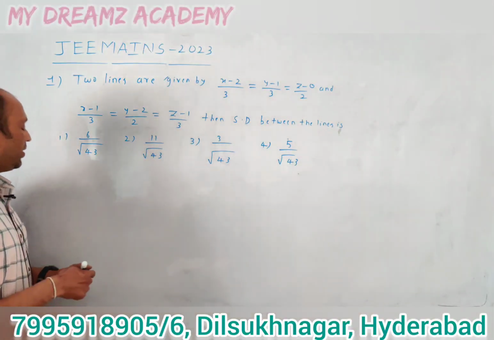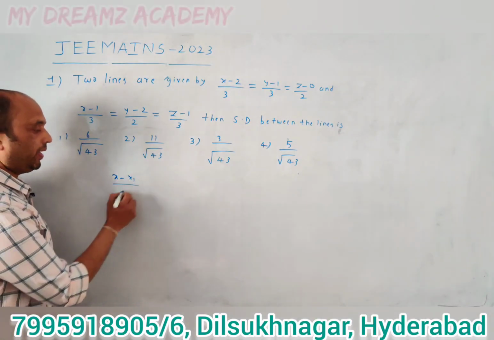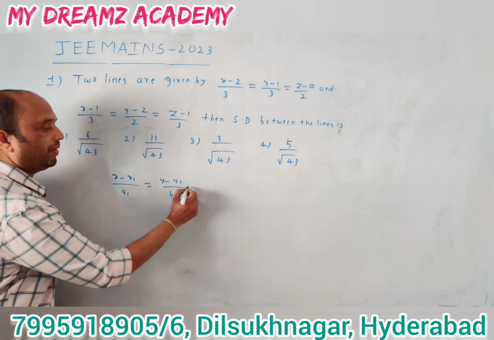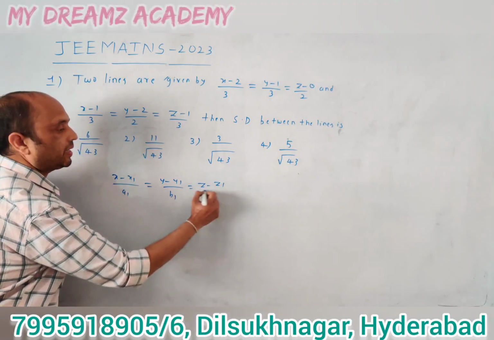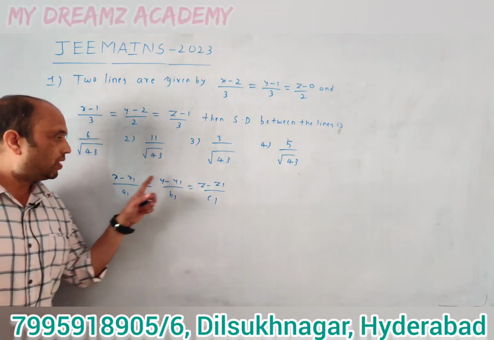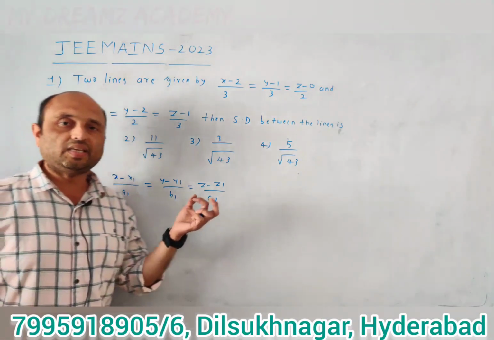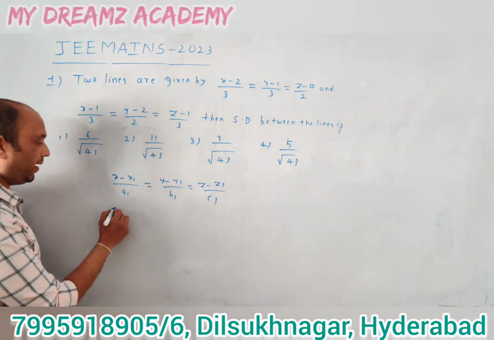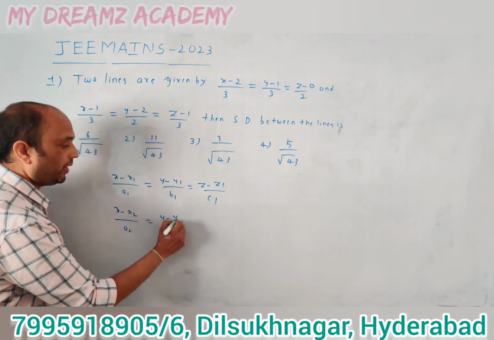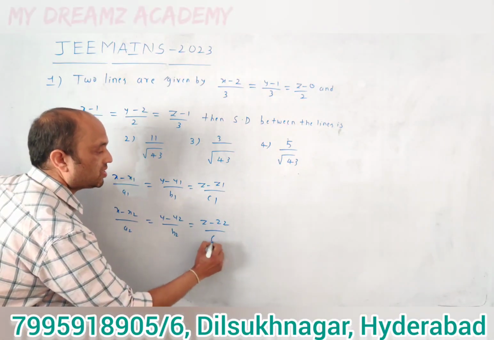Already we know that this is the first skew line: (x minus x1)/a1 = (y minus y1)/b1 = (z minus z1)/c1. This is the first skew line passing through (x1, y1, z1) with direction ratios a1, b1, c1. And the second skew line is (x minus x2)/a2 = (y minus y2)/b2 = (z minus z2)/c2.